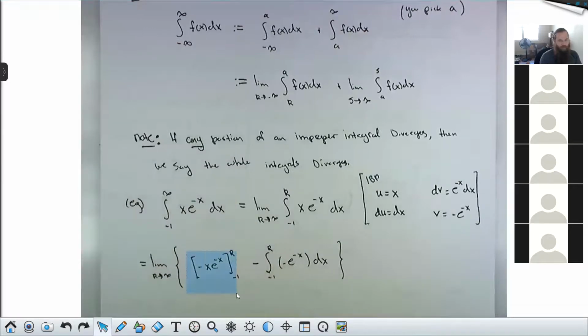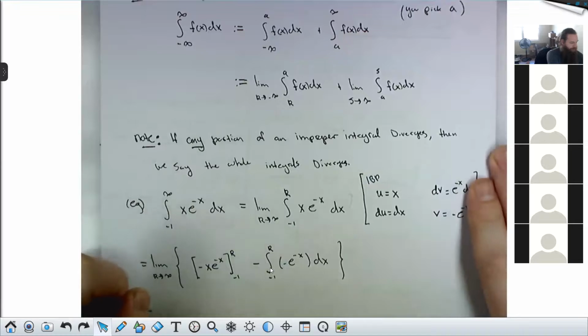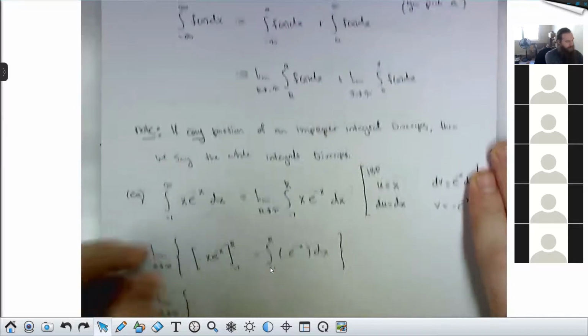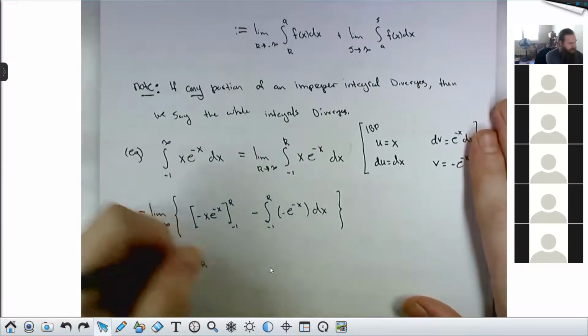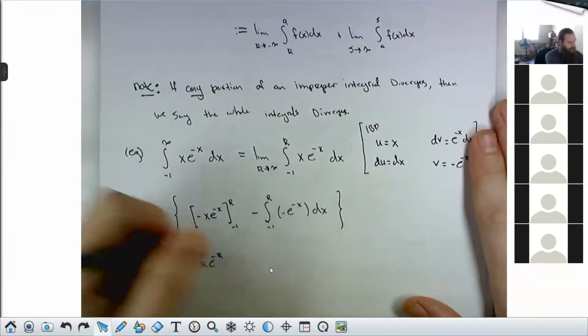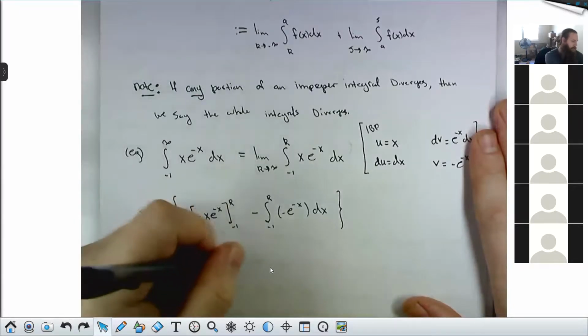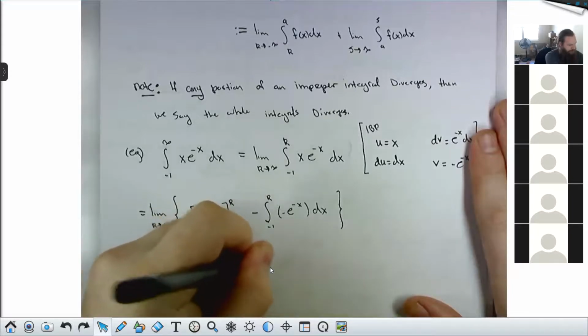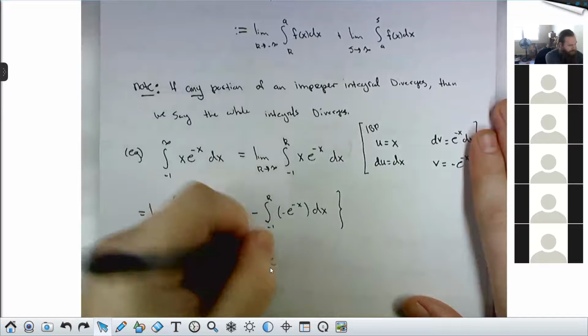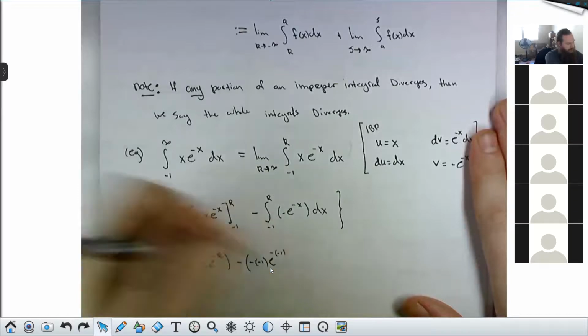I can do the evaluation here. I can pop the negative out here. So this will give me lim r to infinity. When I evaluate this piece between bounds, I'll get -r e to the -r minus, lots of negatives here, -1 e to the -1.